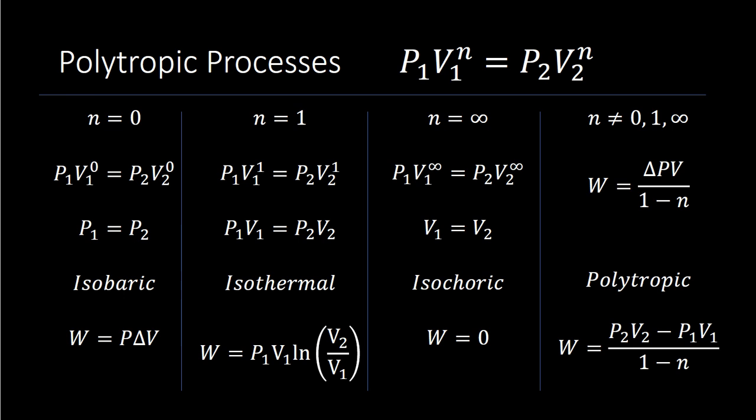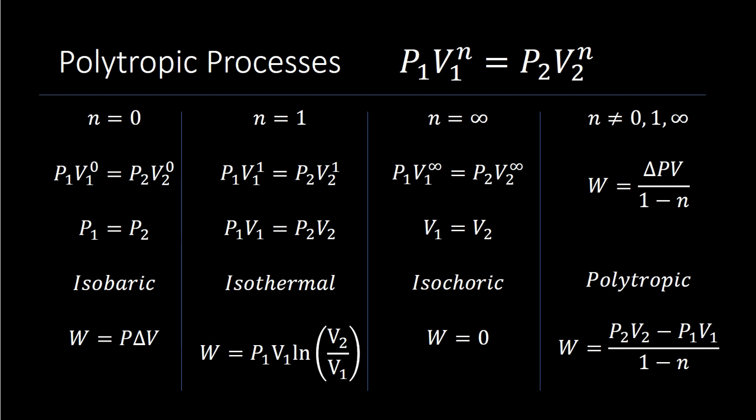And under that scenario, we can just use our general equation, which is work equals the change in the product of pressure and volume over 1 minus the n index. To expand that equation, that gets us work equaling P2V2 minus P1V1 over 1 minus n. This is true for any polytropic process. It's just that for the others, work was able to break down into a cleaner equation, one not as long.